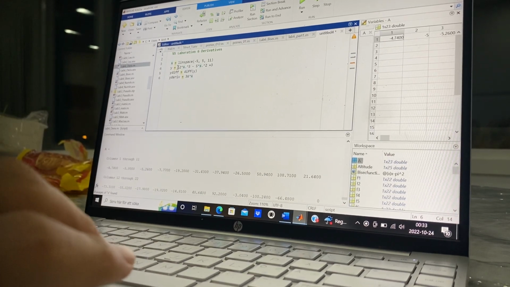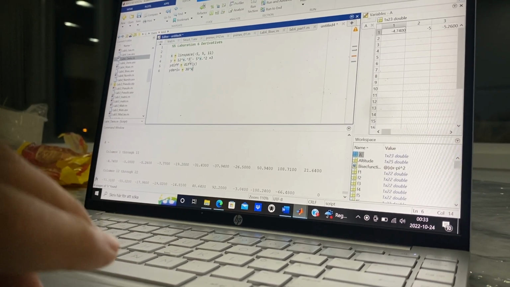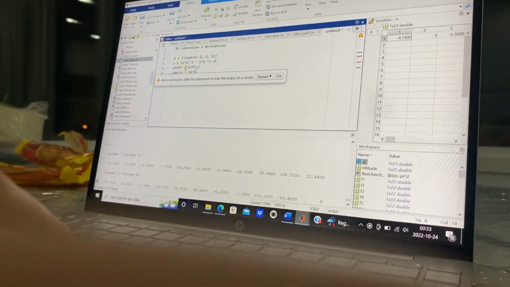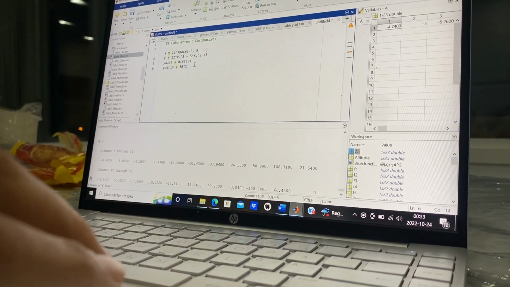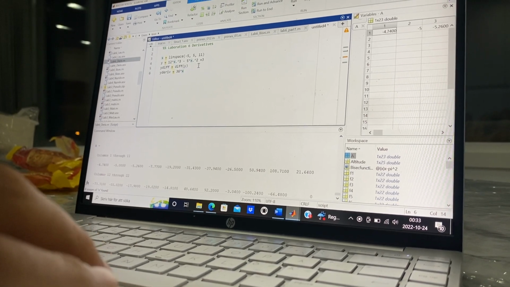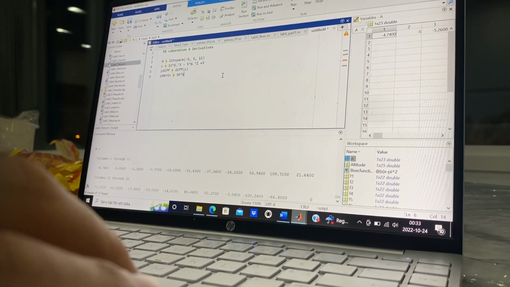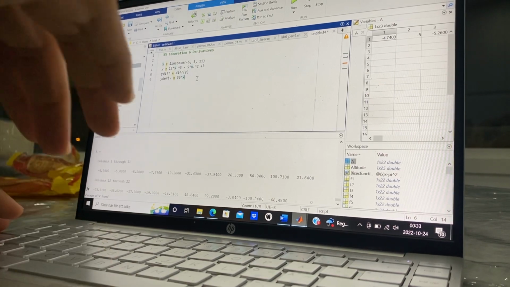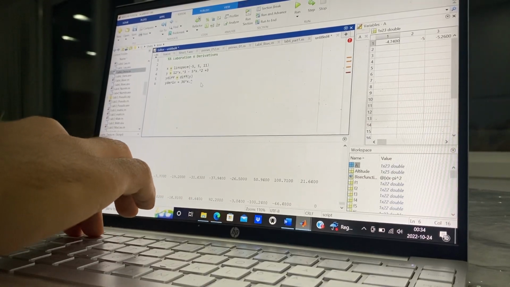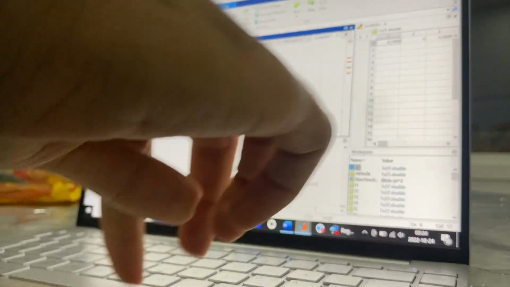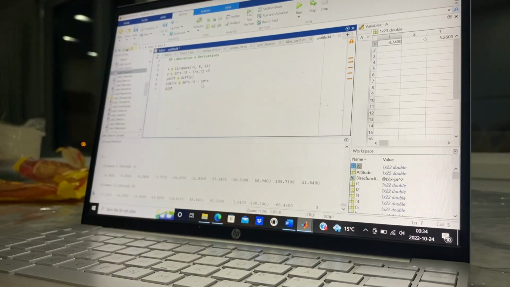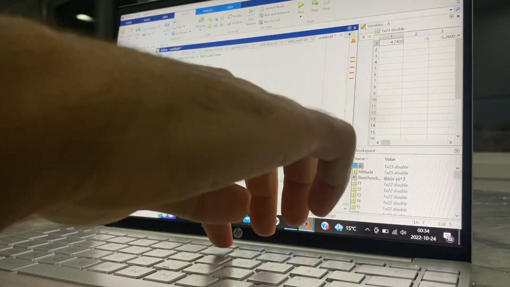We can do it directly from here, like 3 times 12x times x powered up to 2 minus 10x, so minus 10 times x, I mean. You can see that right away, instead of going back and looking into the elaboration PDF. Minus 10 times x, and then I'm going to plot the x and y.